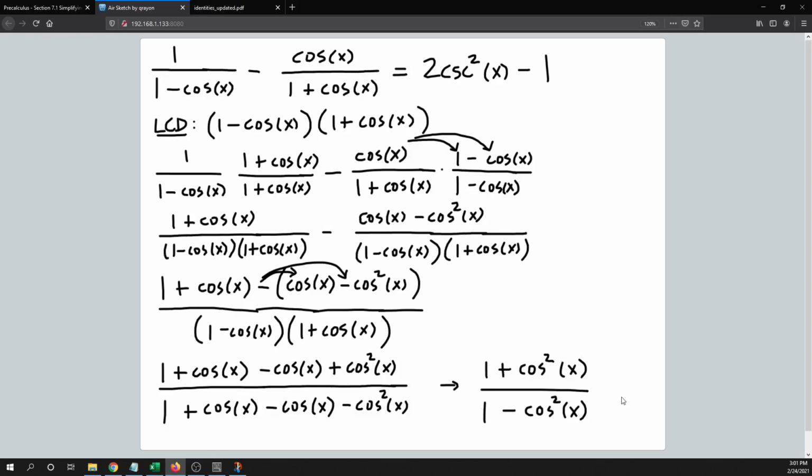Okay? So the next question is, where do we go from here? Well, here on the bottom, I have 1 minus cosine squared, right?